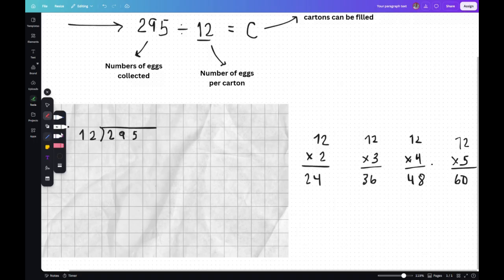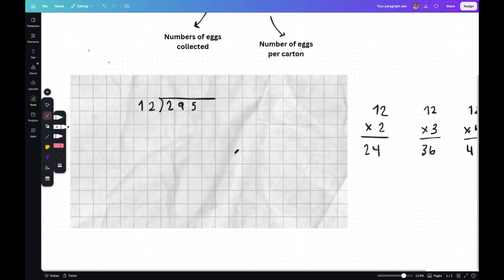I like to multiply by 2, 3, 4, and 5 because with these answers we can get the other multiplications by 6, 7, 8, 9. So these I think are going to be enough for us to find the division.